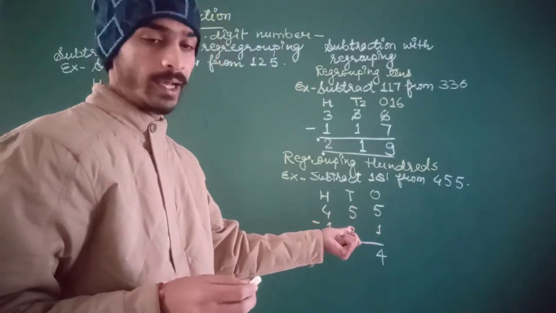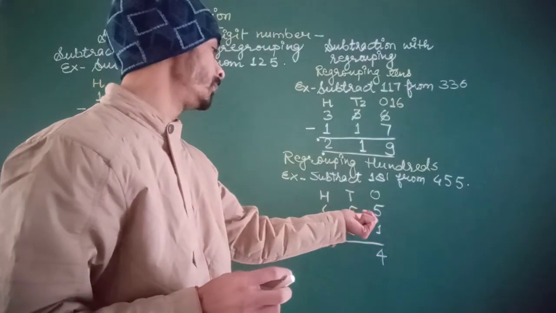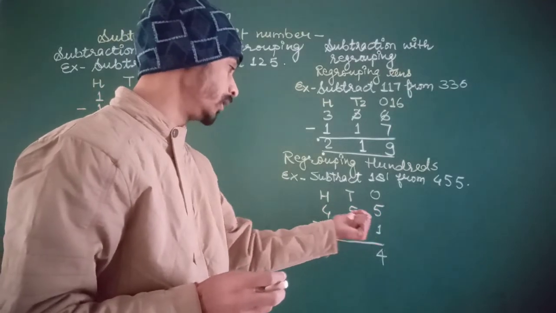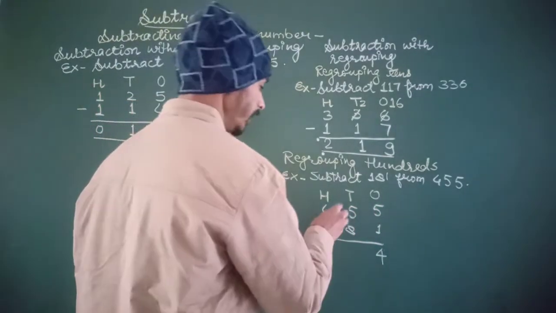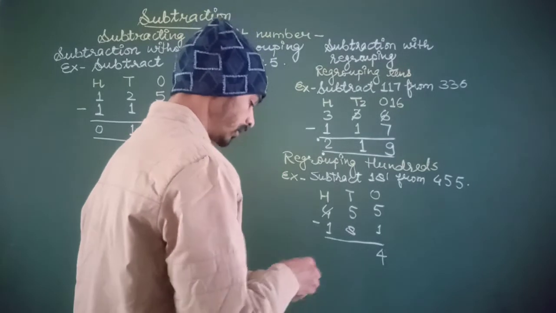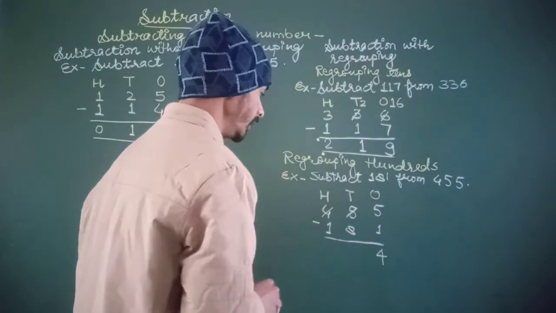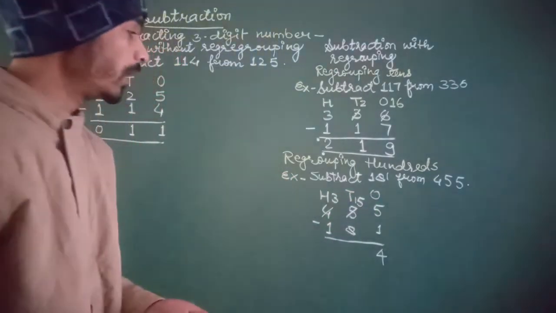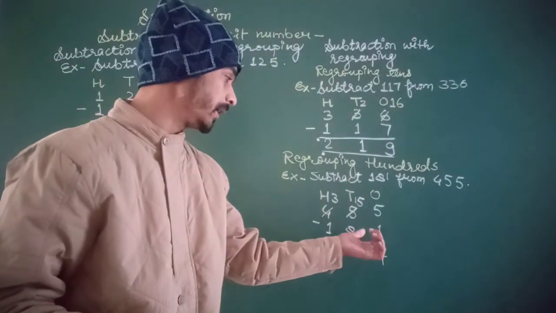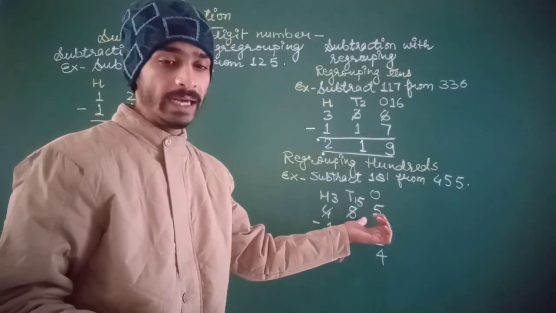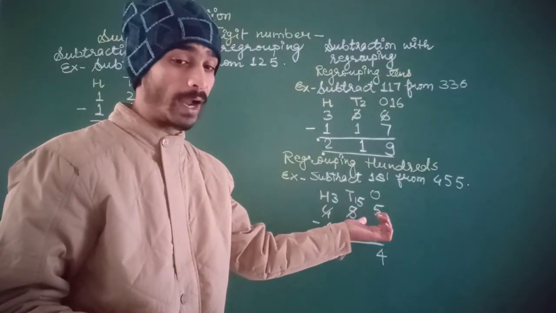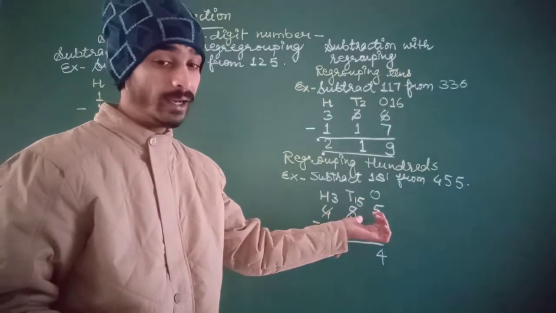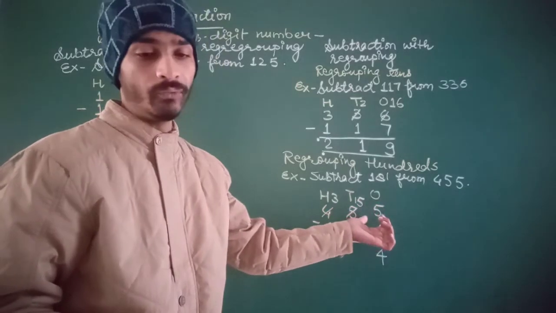Here 8 tens cannot be subtracted from 5 tens. So regroup 4 hundreds 5 tens into 3 hundreds 15 tens.